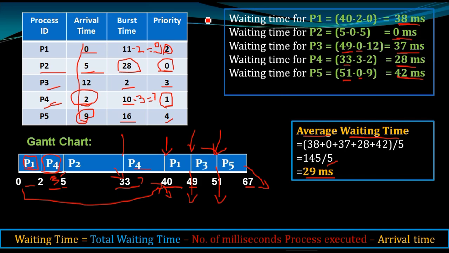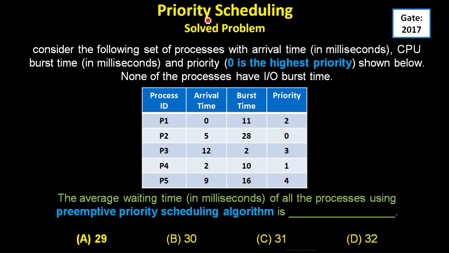So in this, as we have calculated, 29 milliseconds is the average waiting time, right? So in the GATE 2017 question, this was asked, and they have clearly mentioned that the preemptive priority scheduling algorithm is to be used, and we have to calculate the average time in milliseconds, right? So 29 is the right answer.